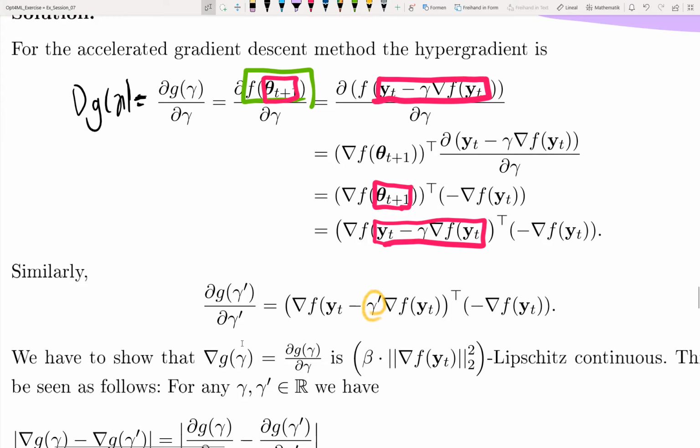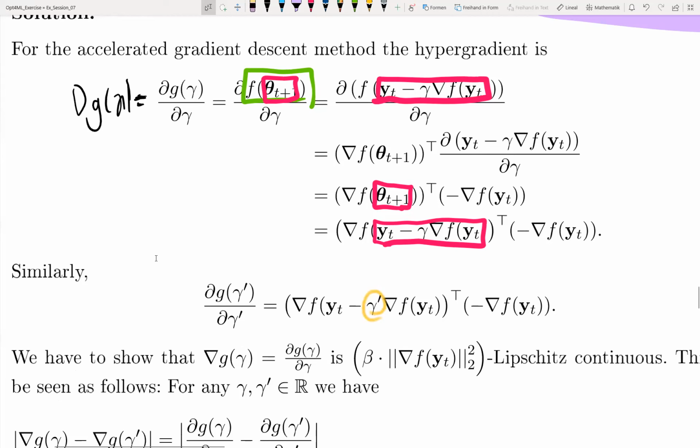But this is, again, important to make clear where the dependency of this derivative is with respect to the input parameter. And here, exactly at this yellow spot, you have the dependency.